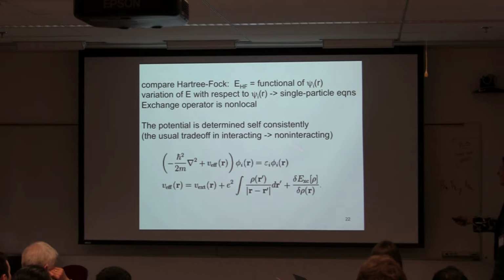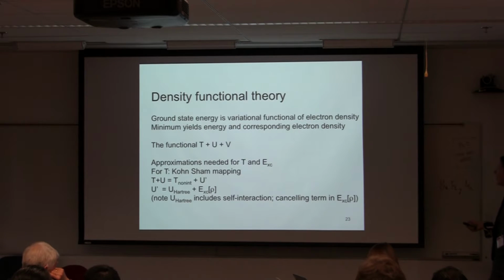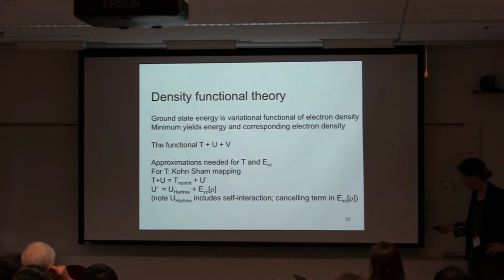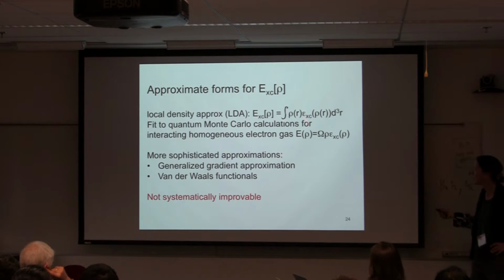So we've got it down to a single particle system and pushed all the lack of knowledge into this functional E_XC of rho. I've summarized that here. This summarizes how E_XC of rho basically includes everything we haven't otherwise done explicitly.